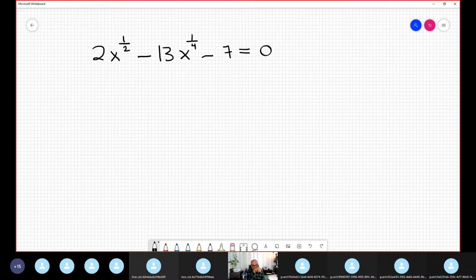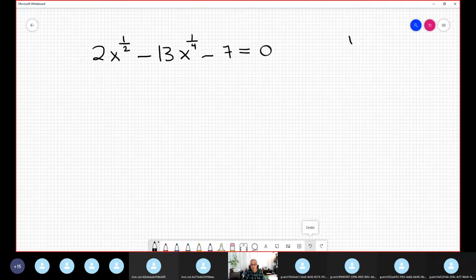You see that the variable contains two exponents, 1/4 and 1/2. And it is obvious that 1/4 multiplied by 2 is 1/2. Okay, so that confirms our idea that this equation is quadratic in form.